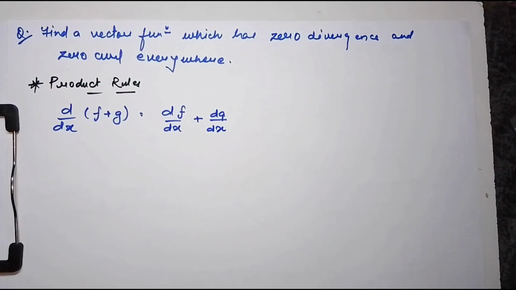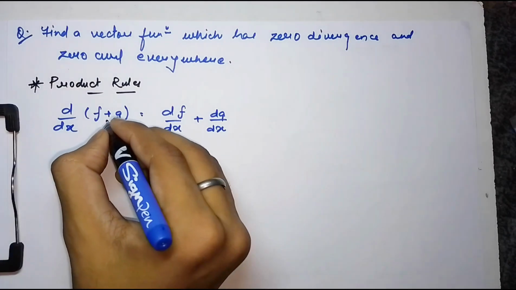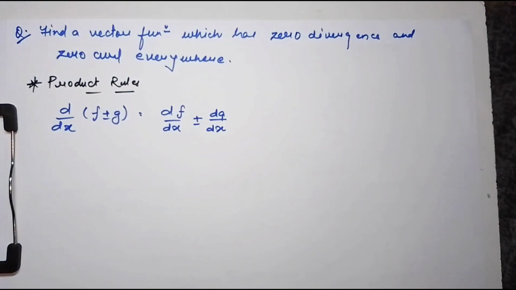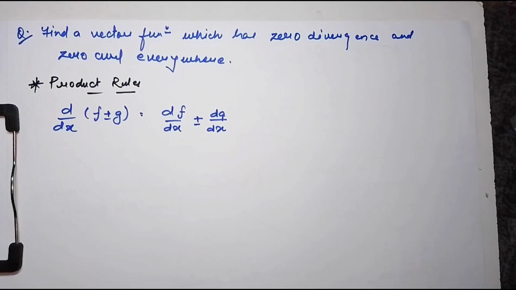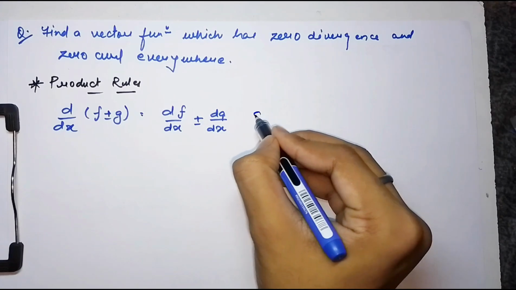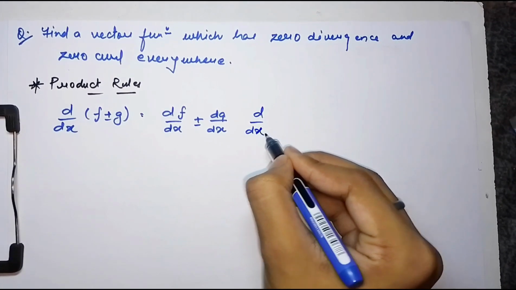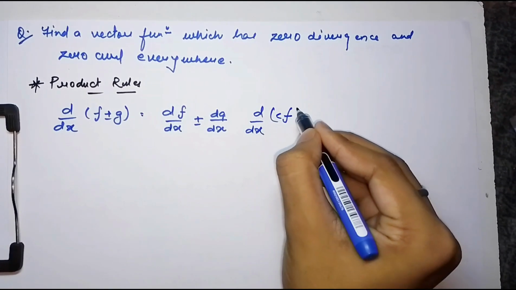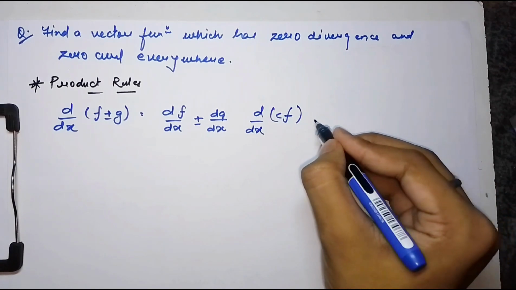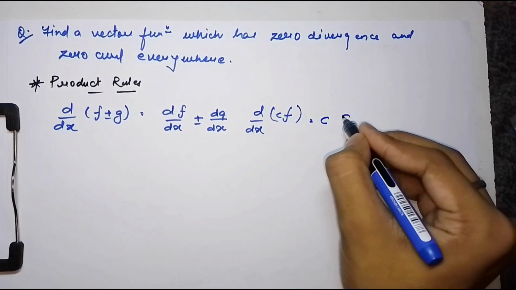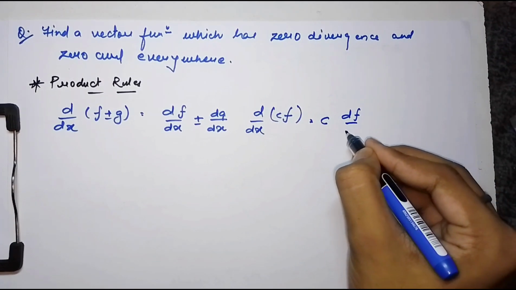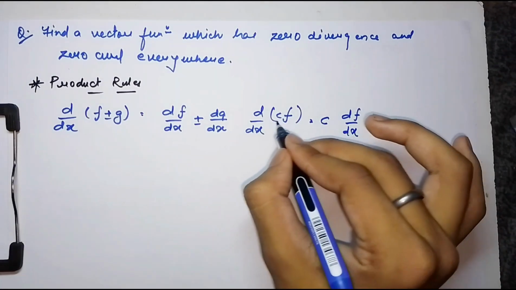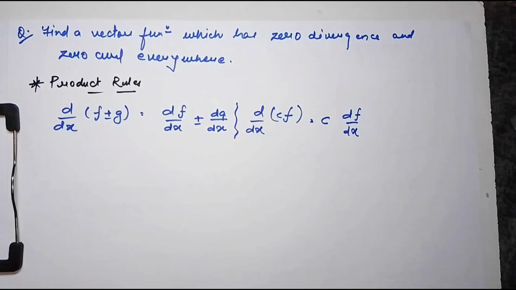Similar thing we can do with subtraction. Now, suppose we have to find d upon dx of some function f multiplied by a scalar c. We can multiply by c the derivative of this function, and both of them would result in the same values. I hope that it's clear till now.